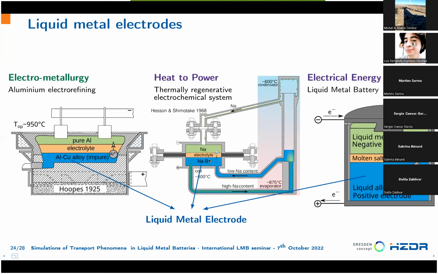So the liquid metal electrode is not only for liquid metal batteries, but what we learn in liquid metal batteries can be extended to electrometallurgy and also to power devices.